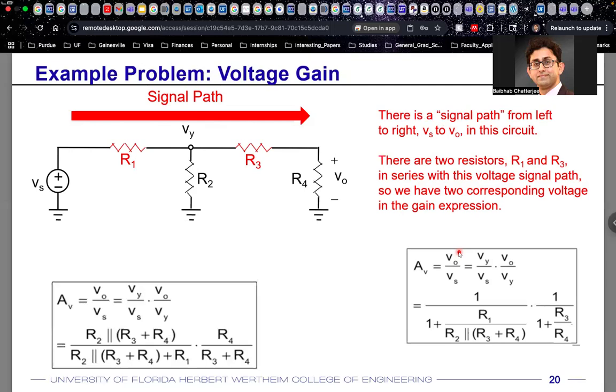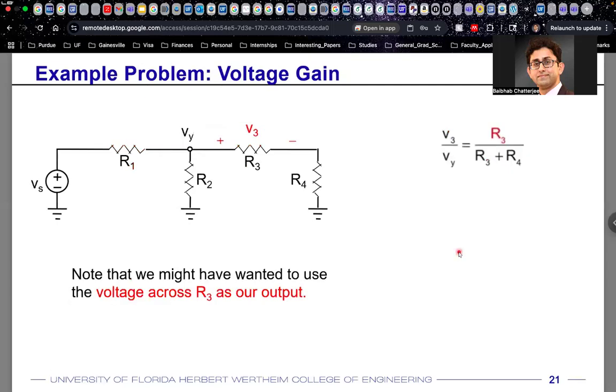All right. So the next thing is that if you wanted to find out the output voltage as the voltage across this resistance R3, let's call it output voltage 2. Let's say this is your output voltage 1, VO1, and you also wanted to find out the output voltage 2, VO2, as the voltage developed across the R3 resistor.